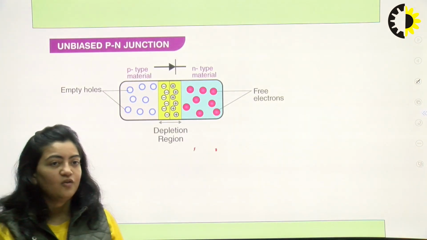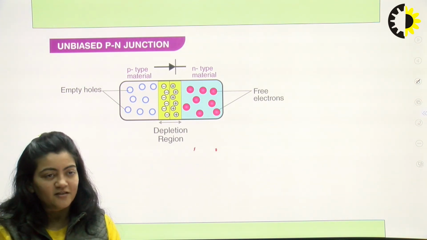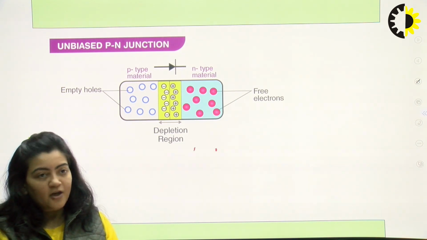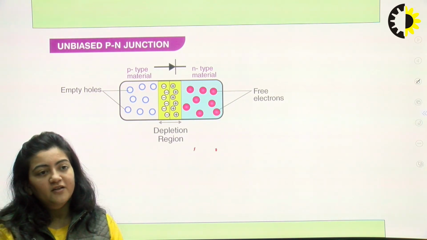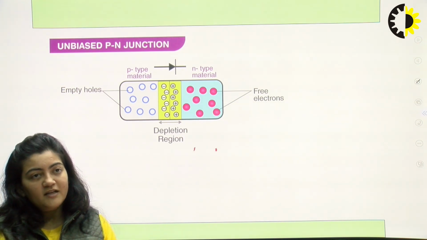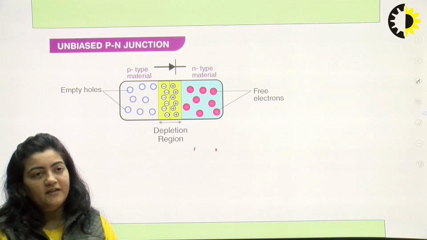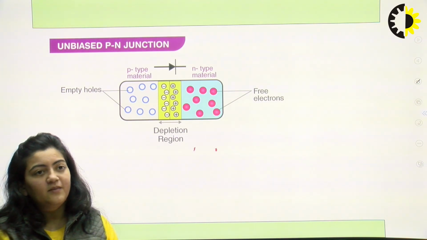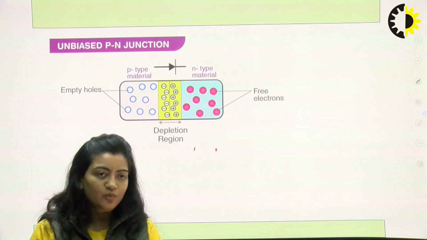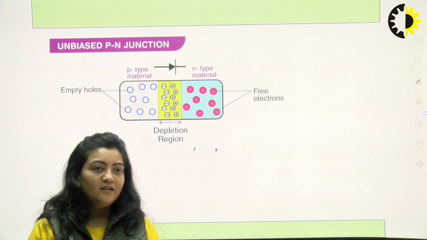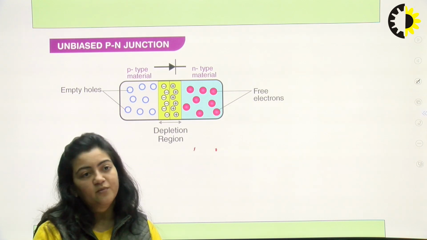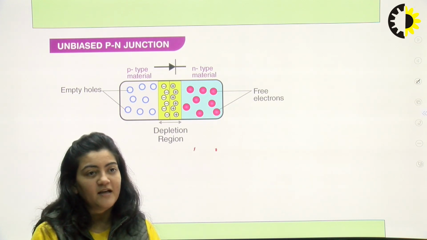Now moving to how we will create a PN junction. A PN junction is created by combining the P type semiconductor material with the N type semiconductor material. As you already know, we have completed in unit 1 what P material and N material are. If you dope a semiconductor with group 3 elements like boron, aluminium, the resultant material is called P type semiconductor, which has the majority carriers as holes.